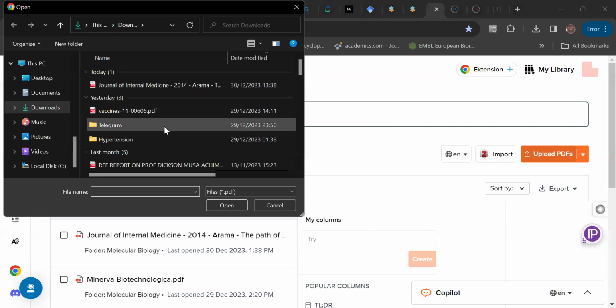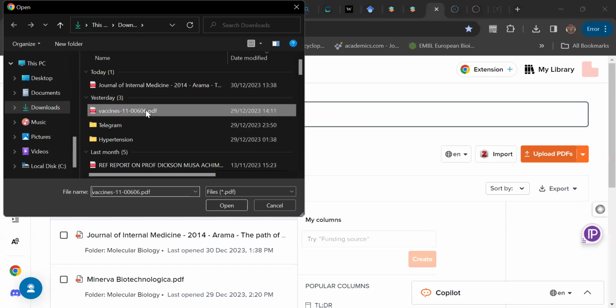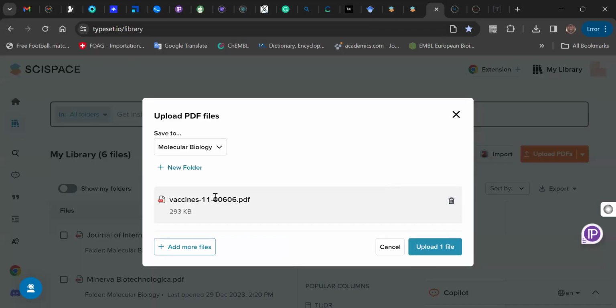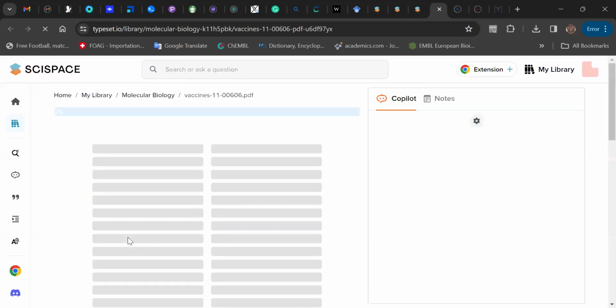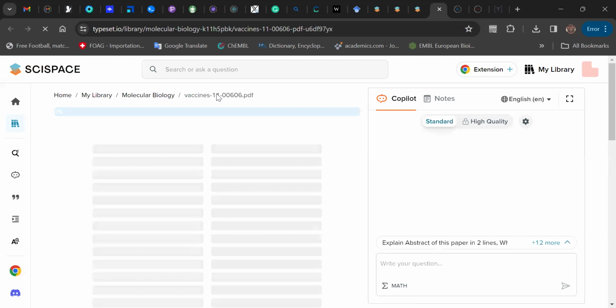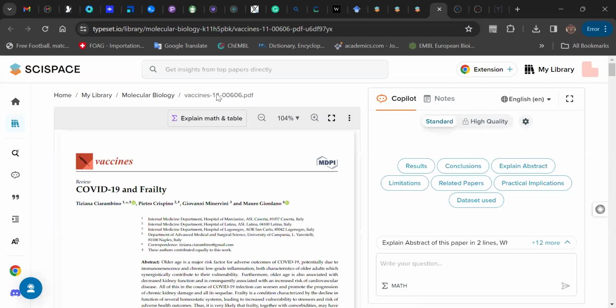It takes you to where you have stored your PDF, and you select and click open. Then you come here and click upload file. You see, this is the file I just uploaded. So that's how to do it. It's very simple. There is no trick to it.